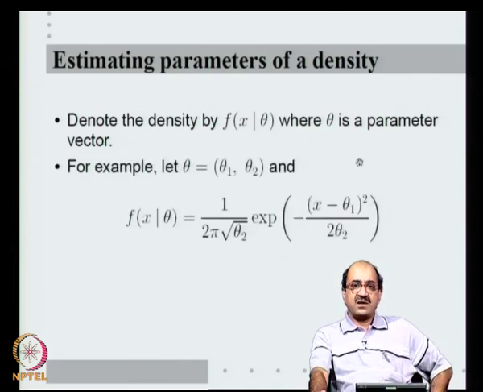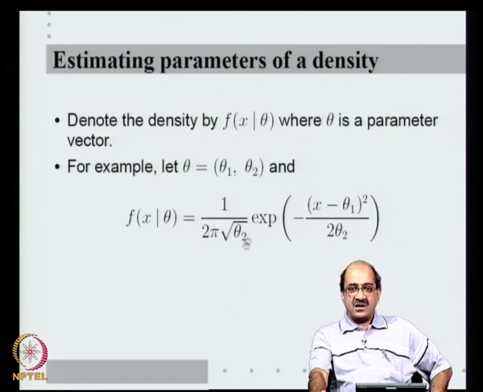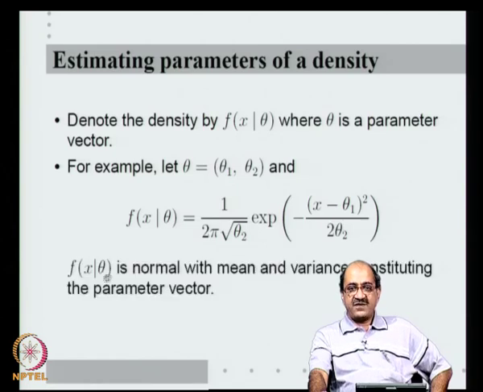For example, my theta could be a vector of 2 parameters theta 1 and theta 2, and the density f x given theta is 1 by root 2 pi root theta 2 exponential minus x minus theta 1 whole square by 2 theta 2. I am sorry about the typo, this should be root 2 pi, not 2 pi. Here this is the normal density with theta 1 as the mean and theta 2 as the variance. So, f x given theta is normal with mean and variance constituting the 2 parameters.